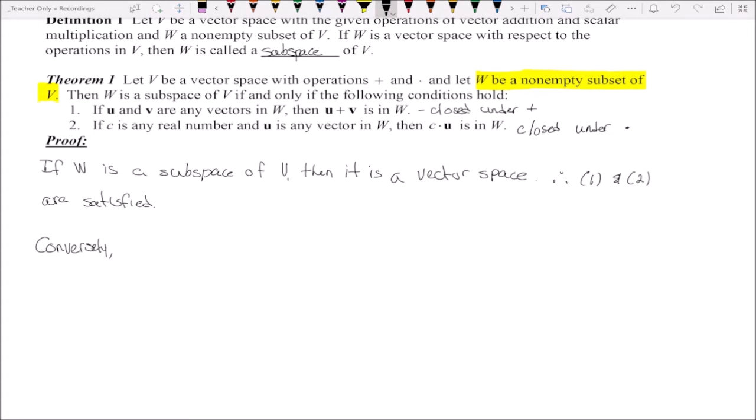So conversely, let's suppose that 1 and 2 hold.